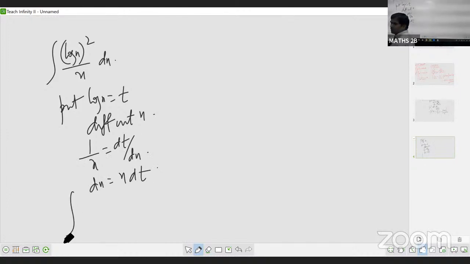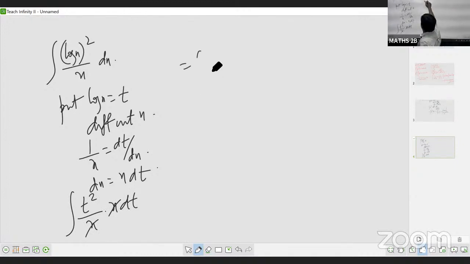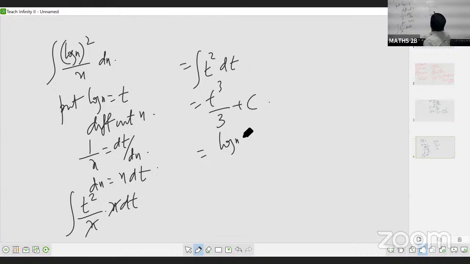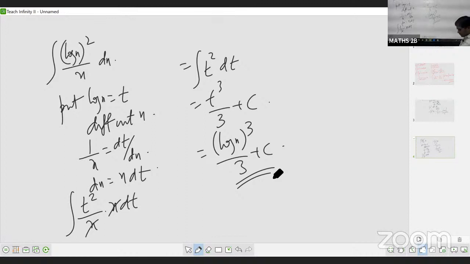Now replace it. Log x is t, so t square by x into x dt. x gets cancelled. t square dt. Integration of x power n, the formula we are using, is x power n plus 1 by n plus 1. Now t is what? log x whole cube by 3 plus c.